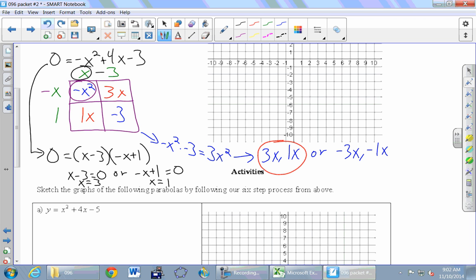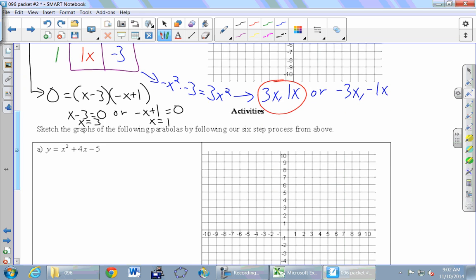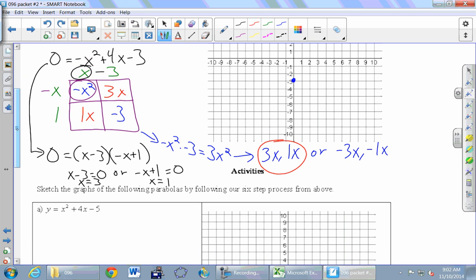And so let's go ahead and start plotting some of these points. We've worked hard to get some points, so let's plot them. We'll start with the y-intercept. X was 0, y was negative 3. That's right there. And then we just found these two x-intercepts.